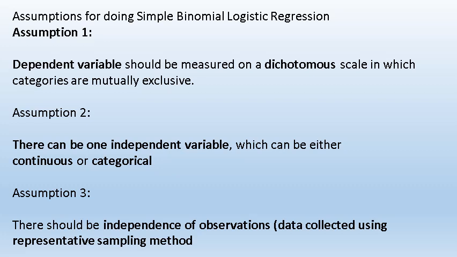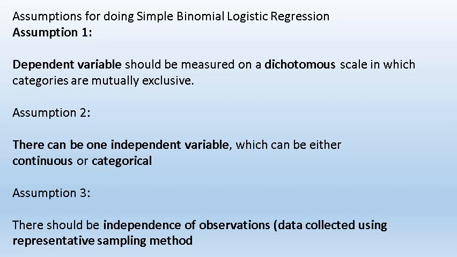There are many assumptions for doing simple binomial logistic regression. Assumption 1 is that the dependent variable should be measured on a dichotomous scale in which categories are mutually exclusive. Assumption 2, there can be one independent variable which can be either continuous or categorical.